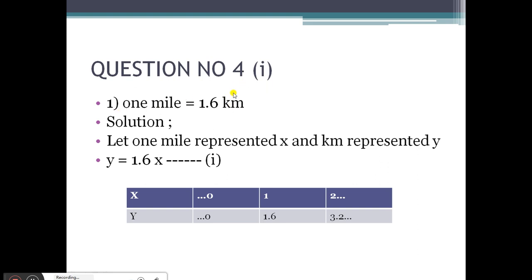Question number 4, part number 1: 1 mile is equal to 1.6 kilometers. Solution: let mile represent x and kilometer represent y. Then y = 1.6x is our required equation, and the ordered pairs are (0, 0), (1, 1.6), (2, 3.2).